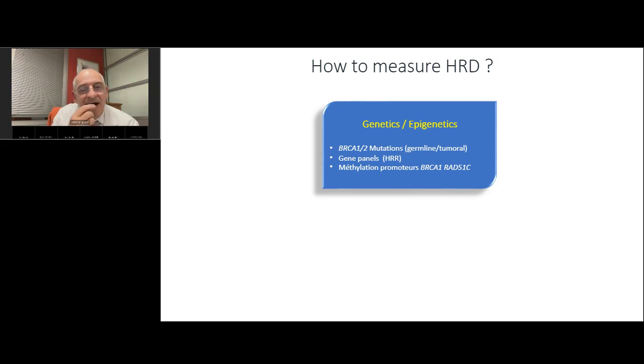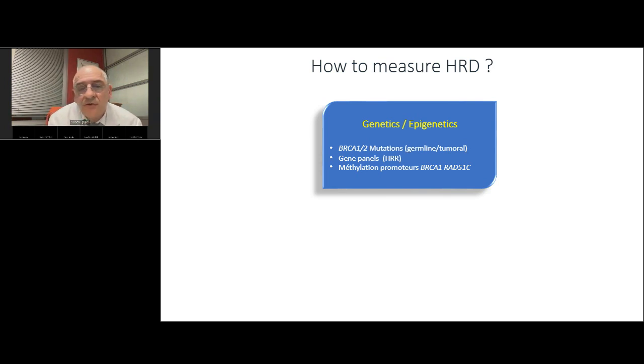Let's start by looking at the causes, as far as we can understand the causes, actually. We mentioned that BRCA1 mutation, both at germline and somatic level, is a very good way to predict PARPi sensitivity and HRD, by the way. Another way could be to look at other genes involved in HRD.